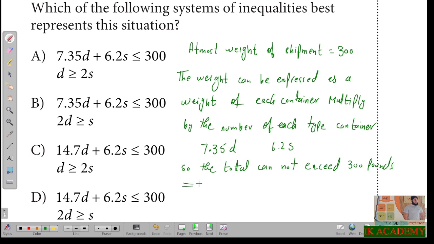It means if we add the weight of both the products, 7.35D plus 6.2S, it should be less than or equal to 300 pounds.